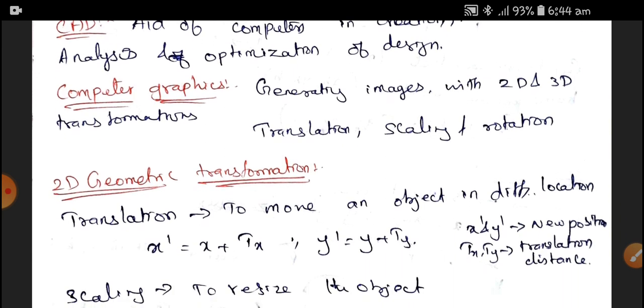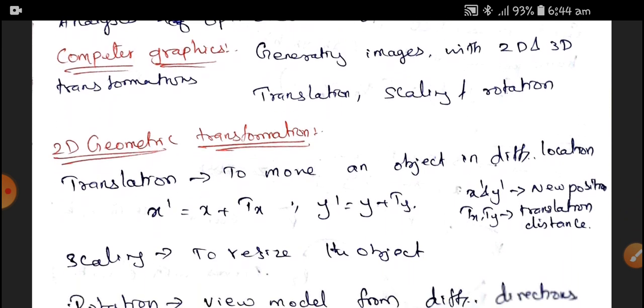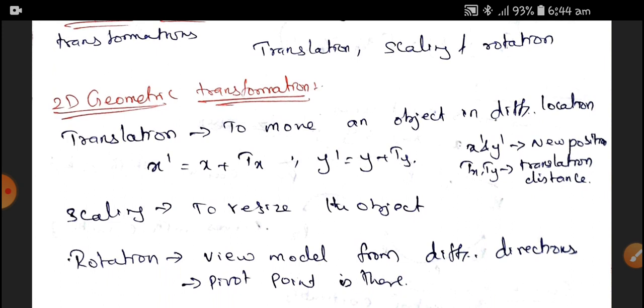Next, in the 2 dimension geometric transformation, we have translation. Translation means moving an object from one location to another location, or moving an object to a different location, is called translation. In scaling, we can enlarge the component as well as reduce the component.